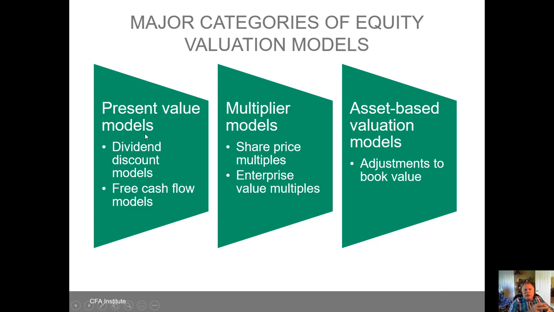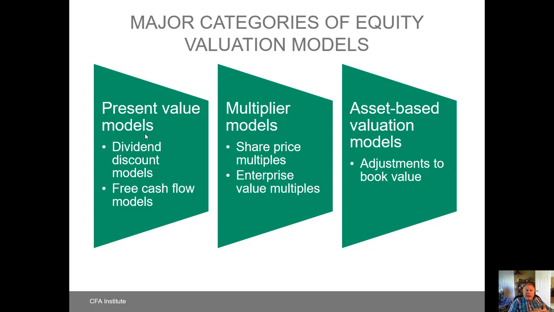When we look at valuation, the models fall into three broad categories. Present value models, and that's really the dividend discount model and a free cash flow model. Then there are multiplier models, such as a share price multiple and an enterprise value multiple.